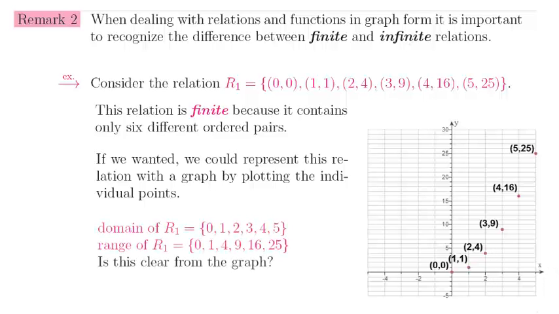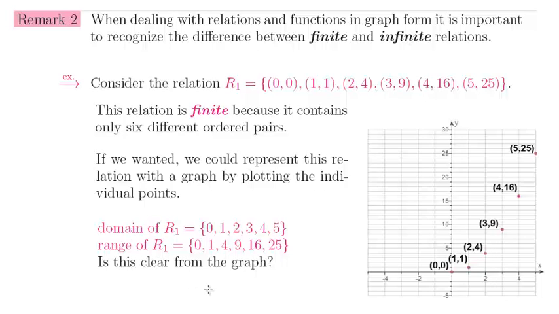The domain of our relation, recall, is the set of x values, the input values. Those would be the numbers 0, 1, 2, 3, 4, and 5. The range, recall, is our set of y values, the output values, the y coordinates of the points. This is the set 0, 1, 4, 9, 16, and 25.